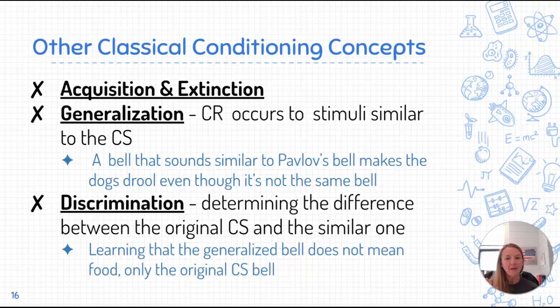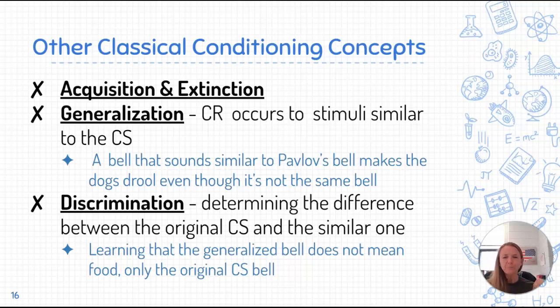If you continue to present the conditioned stimulus without the unconditioned one, eventually the association is broken. So extinction in classical conditioning is when the association between the two stimuli breaks. If Pavlov presented the tone repeatedly, eventually the dog is not going to associate the tone with food, and then the dog will quit salivating.